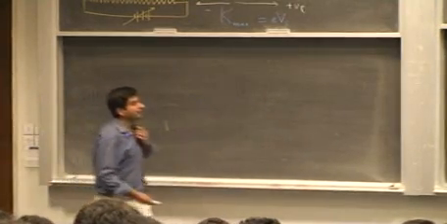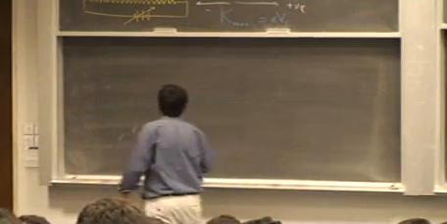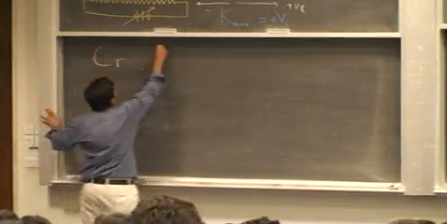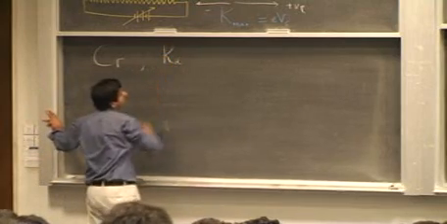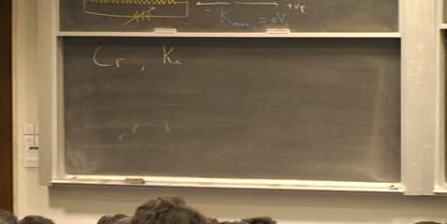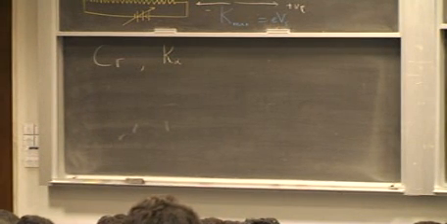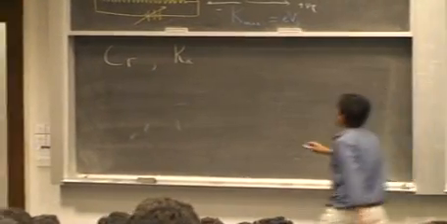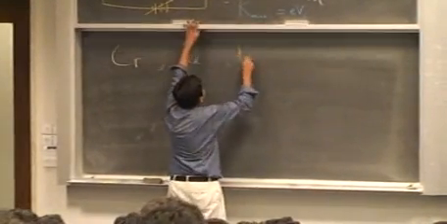First of all, I would like to see that you have chromium, a K alpha peak from chromium, and its energy is 5.4 kilo electron volts.